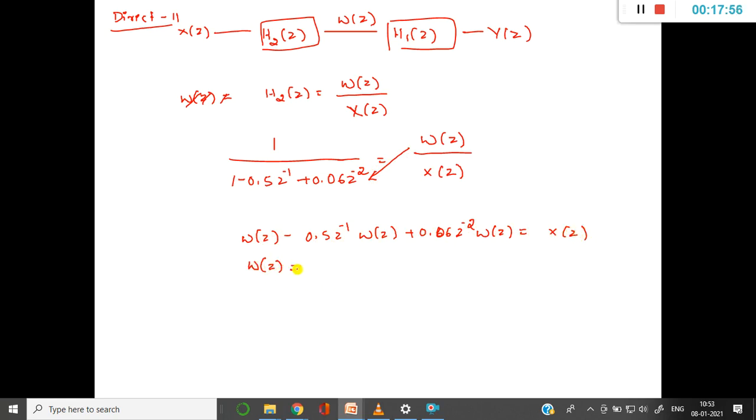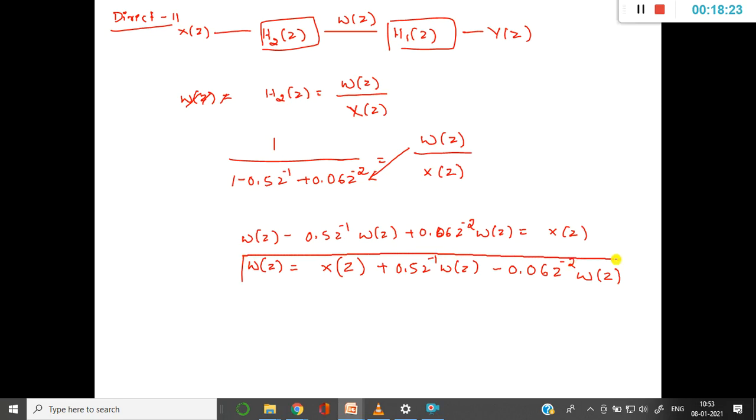W(z) is required because this is the intermediate output. So I always concentrate on output equal to. So this is X(z) plus 0.5 z inverse W(z) minus 0.06 z raised to minus 2 W(z). Let it be as it is. Now we will move on. This is our first equation.